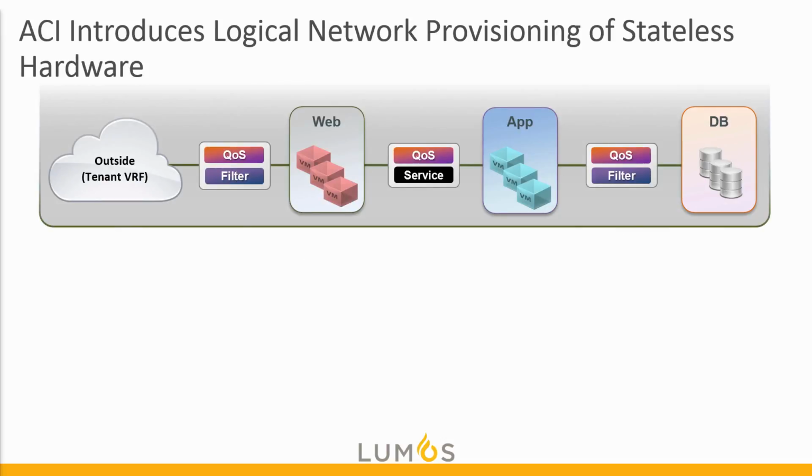Here you see our outside users coming from a particular tenant or VRF, going through some sort of either QoS or possibly firewall, possibly load balancer, hitting our web tier, going then through some other sort of service appliance, again, possibly another firewall, most probably another load balancer, hitting the application tier, so things such as Tomcat is a pretty common one, could be IBM WebSphere, could be a lot of different application middleware, and then going through possibly some sort of another filter, maybe a stateful or stateless firewall built into the network, or again, possibly actually being a hardware-based or even virtual full next generation firewall.